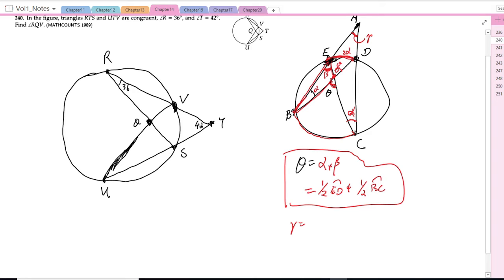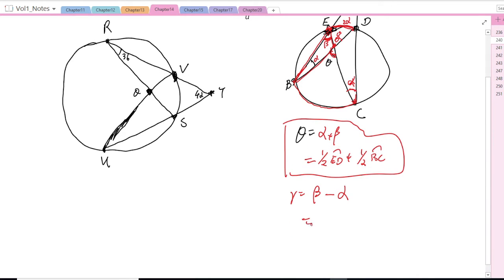Angle beta is the exterior angle of the triangle ECA, so gamma is beta minus alpha. Angle beta is half of BC, and angle alpha is half of ED. So gamma is half of BC minus ED.